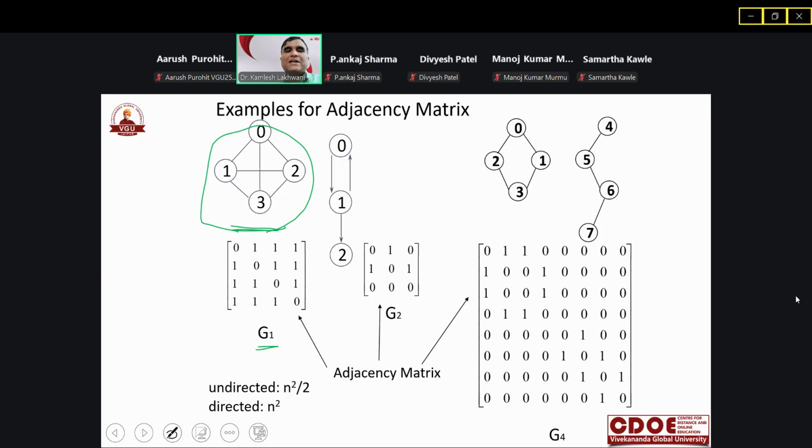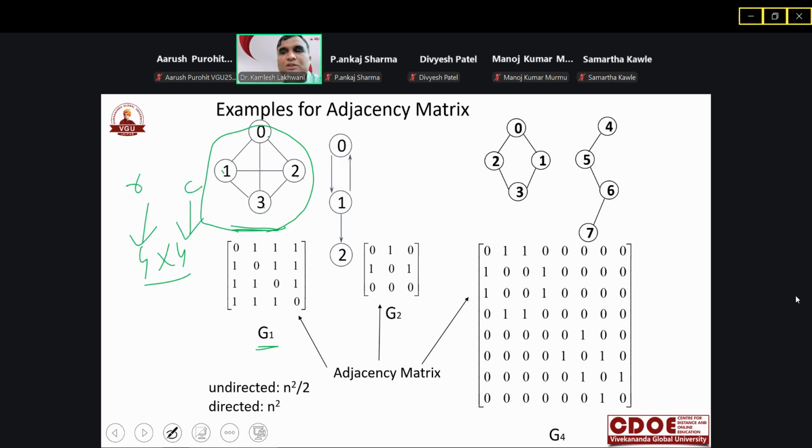Now, how can this undirected graph be represented in the memory? In the memory, it can be represented with an adjacency matrix. Try to understand how the values can be stored in the adjacency matrix. The total number of nodes is 4, so we have to create a matrix of 4 cross 4, where the total number of rows is 4 and the total number of columns is also 4.